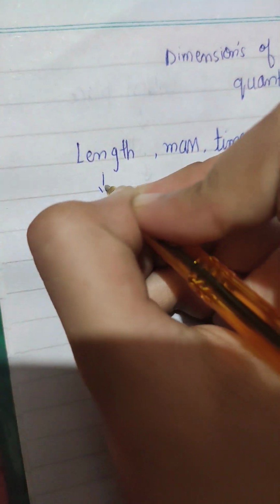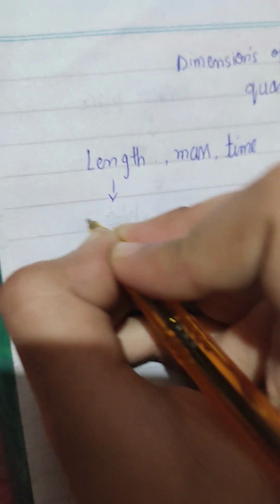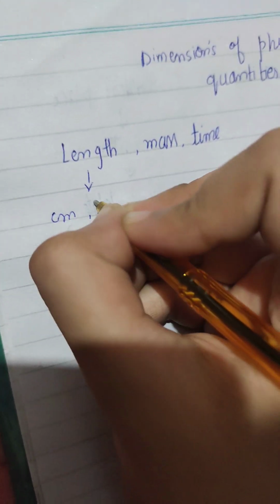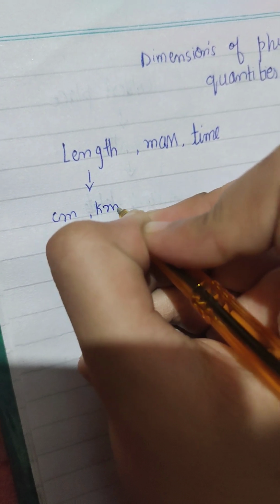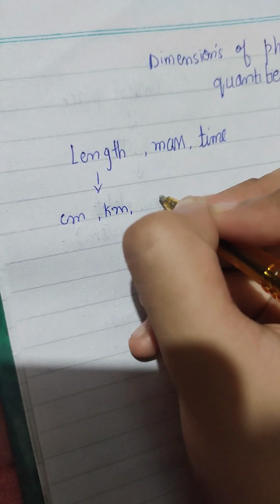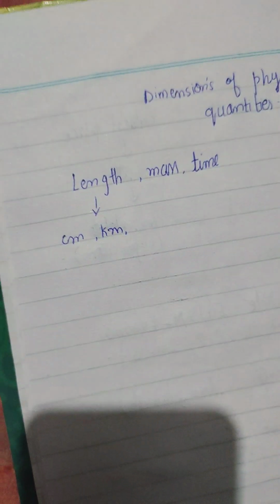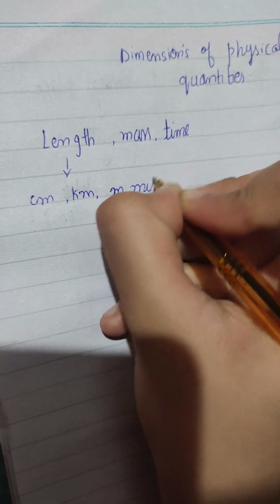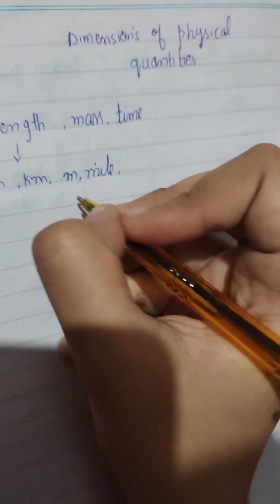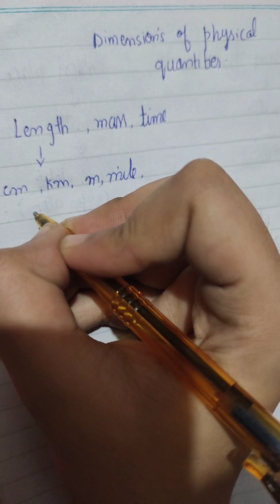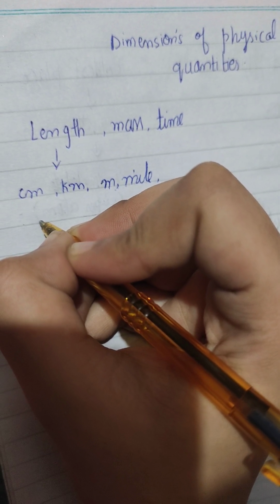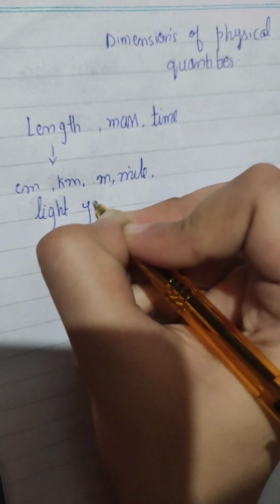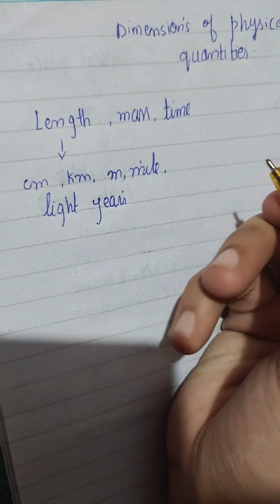If I could look up the units of length, it can be centimeter and kilometer and it can be mile, it can be meter, and it can be I guess light year. Yes, it can be light year. So there are a lot of units, right?